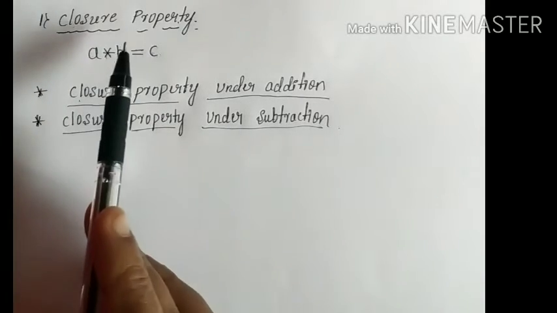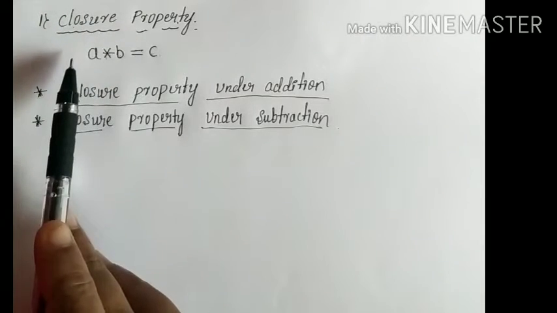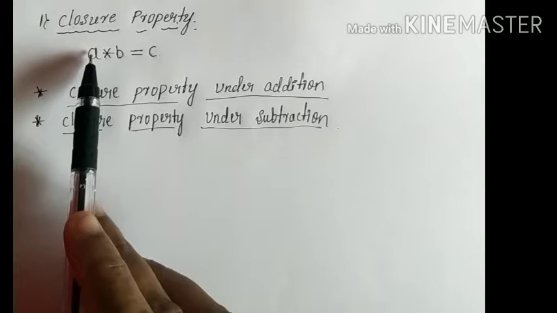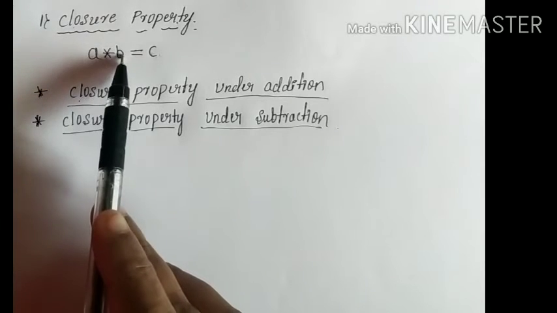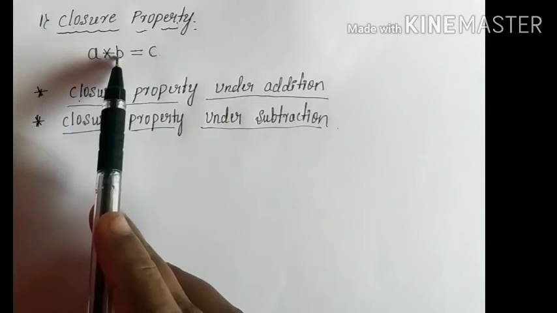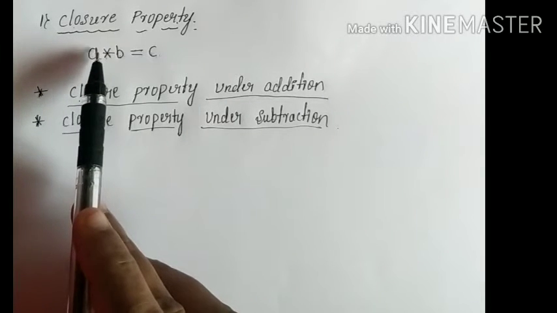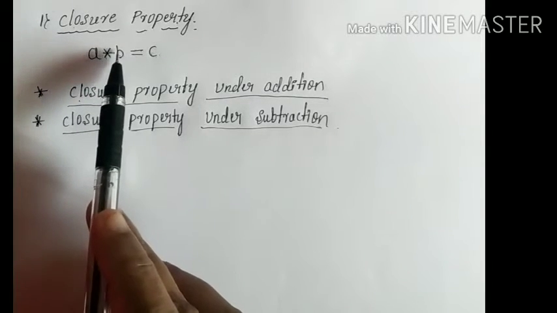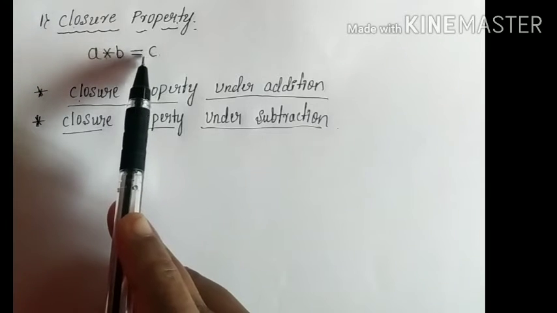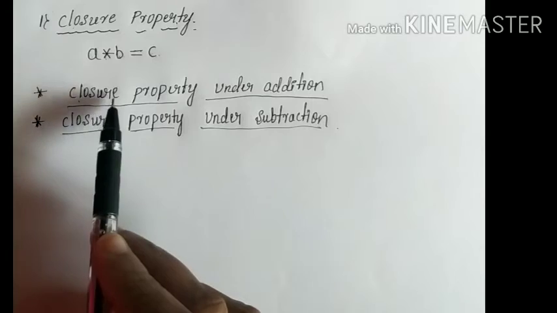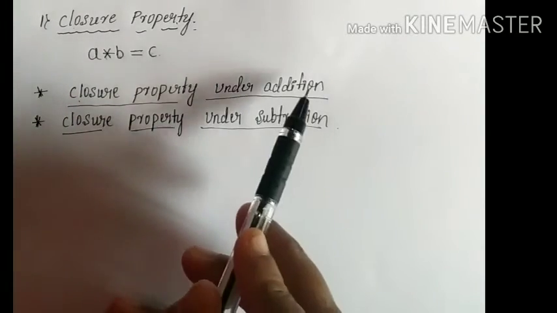So in the case of integers, what will happen? A and B are any two integers. Any mathematical operation performed between these two integers gives an integer itself. Next we prove closure property under addition.